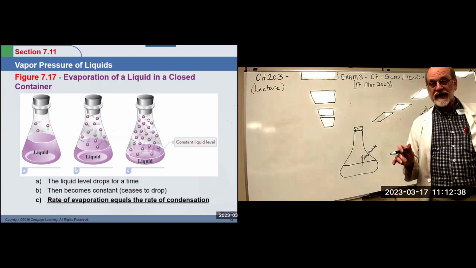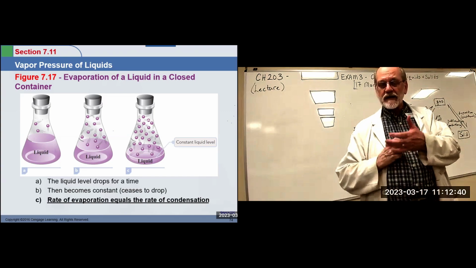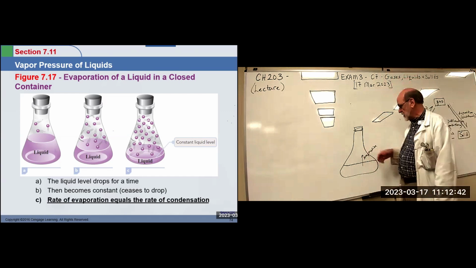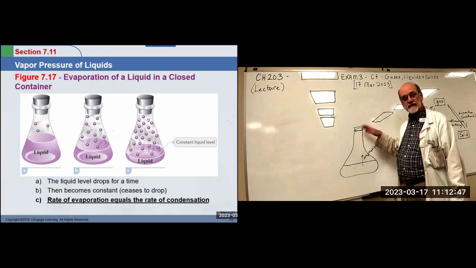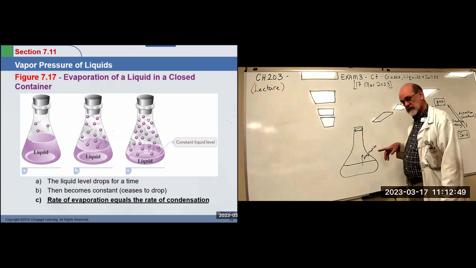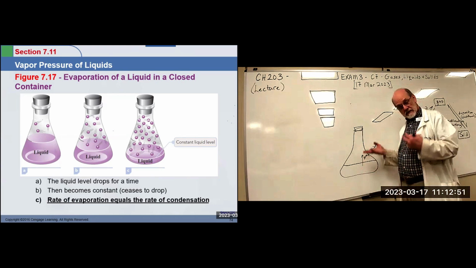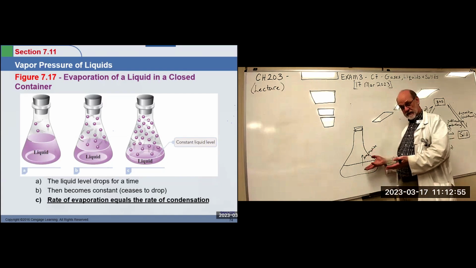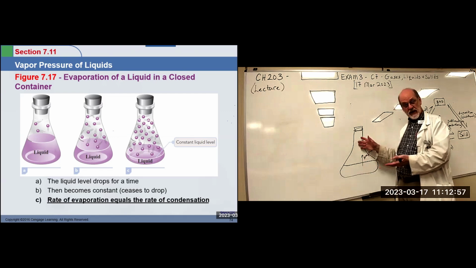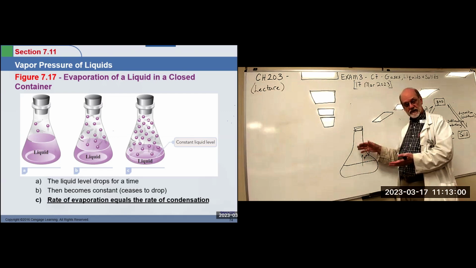Okay, that's the first thing that happens. When you cork that bottle, the evaporation continues. We assume that there is essentially nothing in this space above. So you've got liquid molecules from the liquid leaving the surface of the liquid and becoming a vapor or a gas.